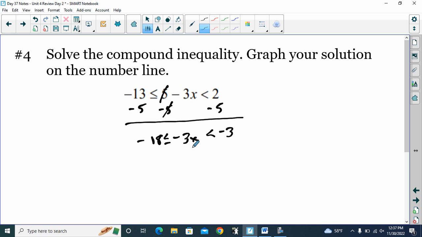Cancel this multiplication by dividing both sides by negative 3. And again, I'm doing it on the inside, so I have to do it on the outsides as well. Negative divided by negative is positive. And I divided by a negative, therefore I do need to flip my inequalities around.